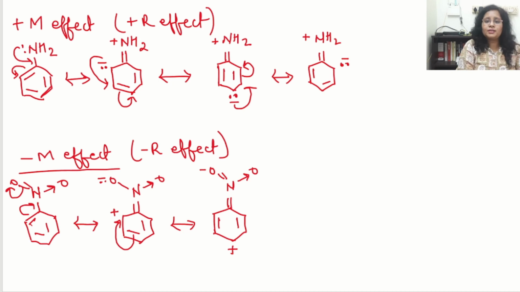Again, to delocalize this plus charge, this bond will shift to this place. Now what will happen? The plus charge again has a new place, bond is here, and now plus charge is shifting to this place, and rest all the things are same.